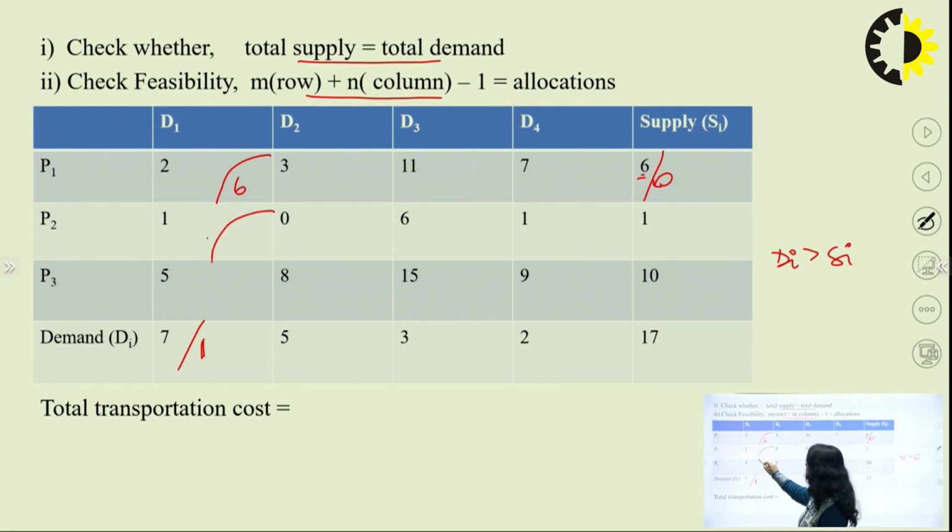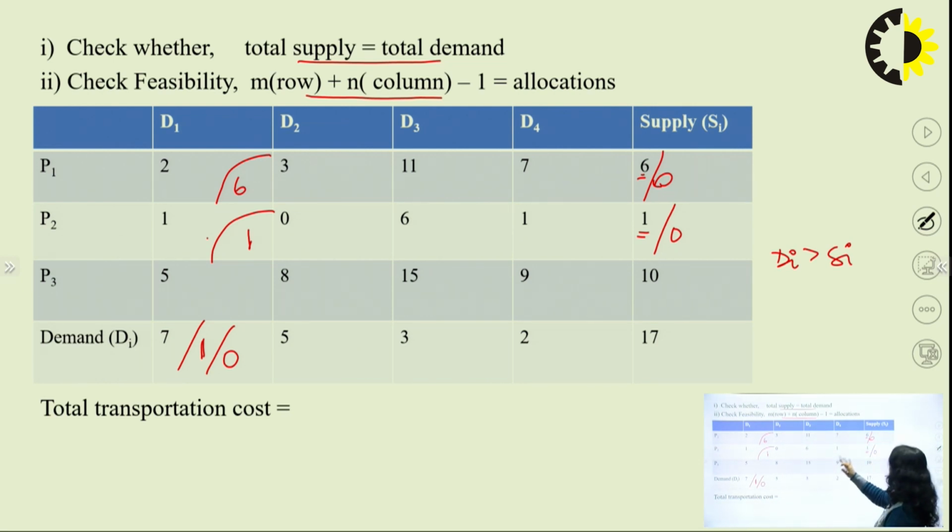In this case the supply is 1 and the demand is also 1, so it will satisfy the demand of 1. Here the supply will be 0 now, and the demand will also become 0.